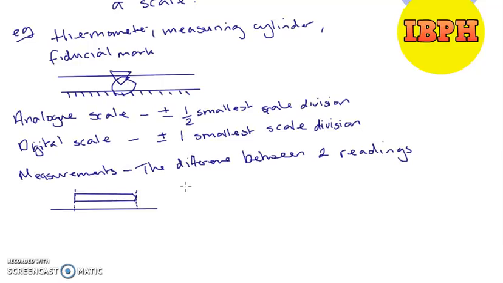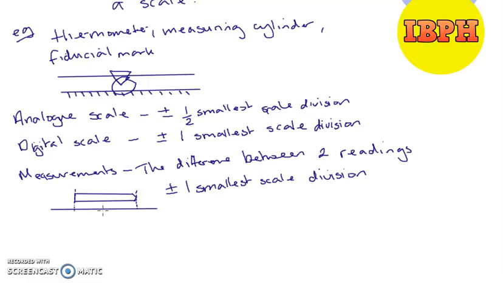So we've got plus or minus 1 smallest scale division. Okay, and we'll talk about why that is in the next video when we talk about combining uncertainties.